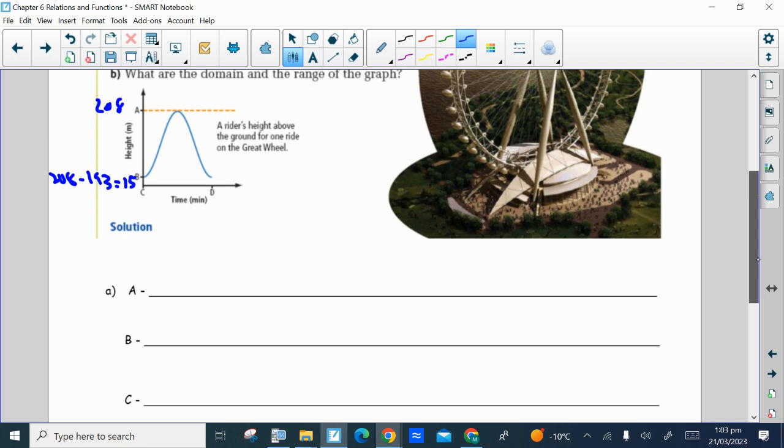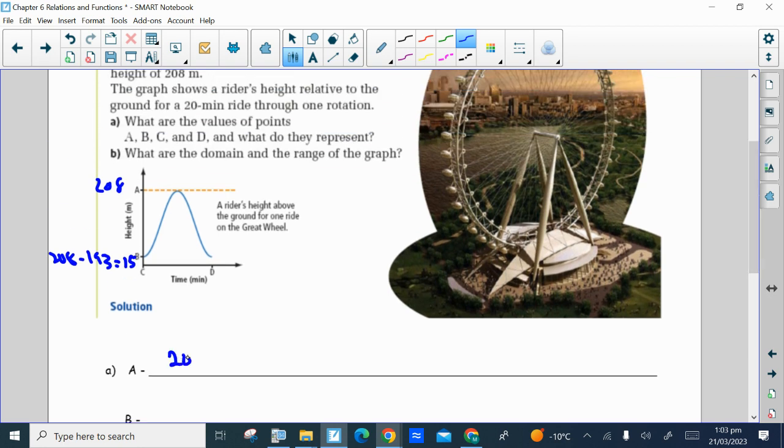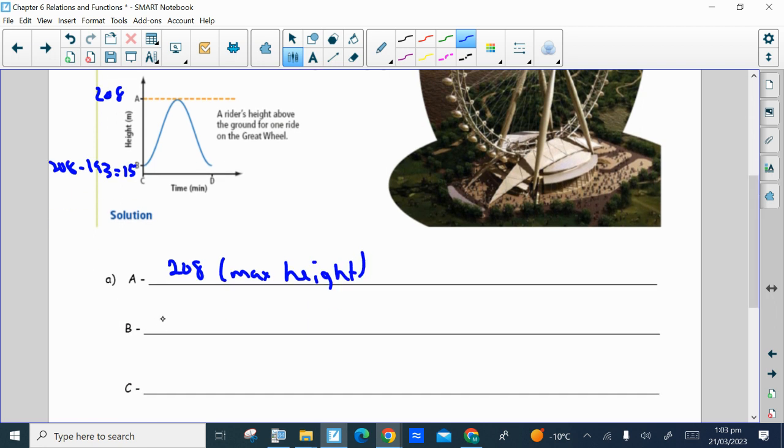So down below, again, A is 208. That is the maximum height. B is found by, again, taking the maximum height and subtracting the diameter. So that is 15 meters. C is time 0 when the ride starts.